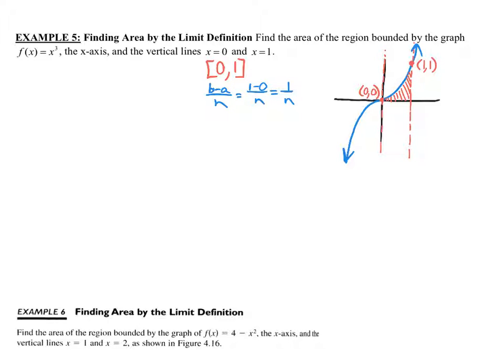Now we're going to take the limit as n approaches infinity of the sum from i equals 1 to n of f of a plus i times b minus a over n, so the 1 over n, and then that whole thing is multiplied by 1 over n.